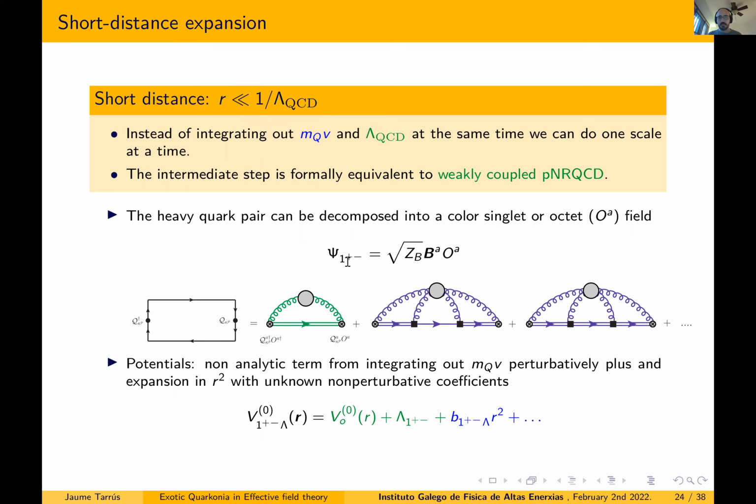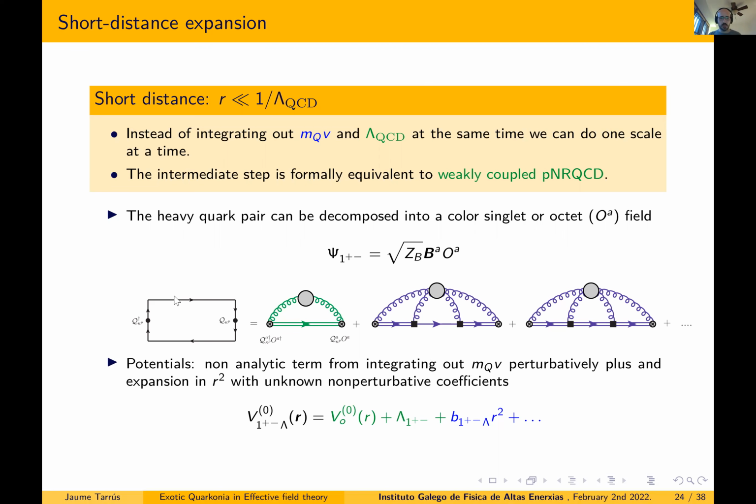The field of the EFT corresponding to the hybrid would match in weakly coupled pNRQCD to a field for the heavy quarks in an octet state, which is this O here, times the same gluonic operator that defines this field, also multiplying the normalization.